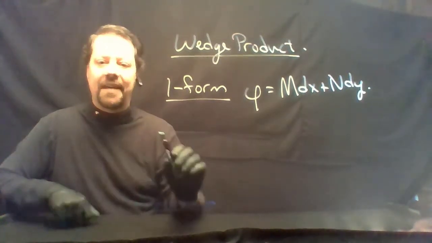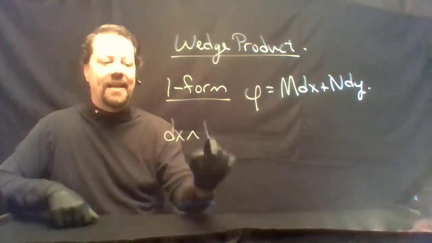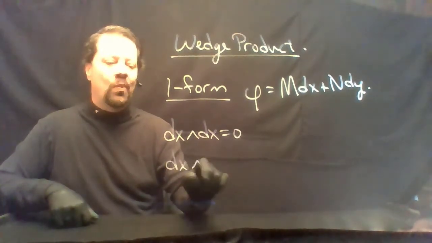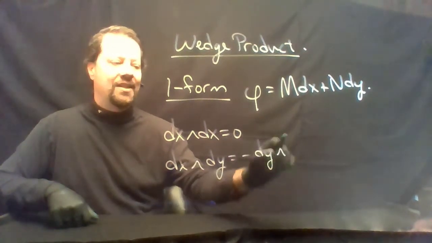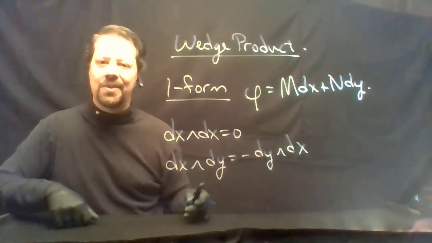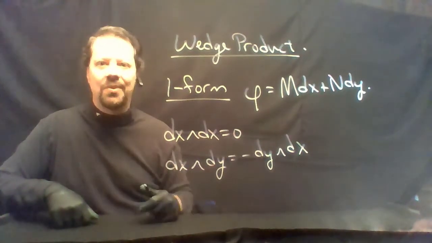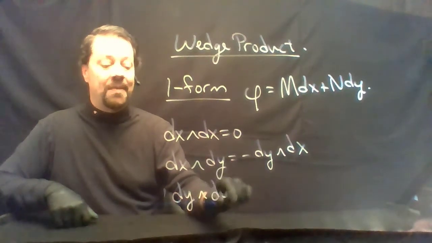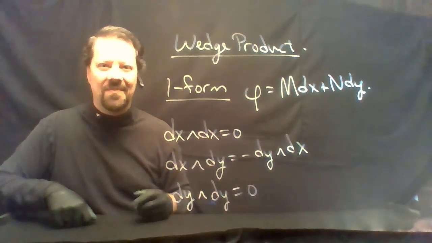Now, we're going to define a wedge product on the differentials. dx wedge dx will be 0. dx wedge dy will be minus dy wedge dx. In other words, just like the cross product, the wedge product is going to be skew symmetric. Of course, if it is skew symmetric, then dy wedge dy is also 0.